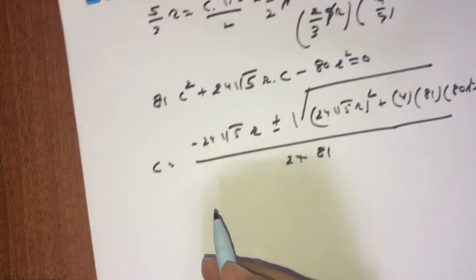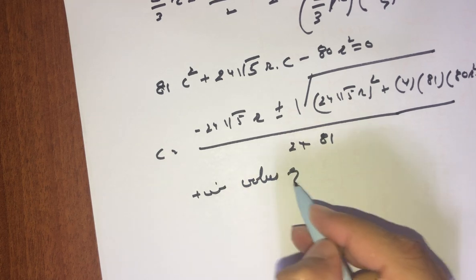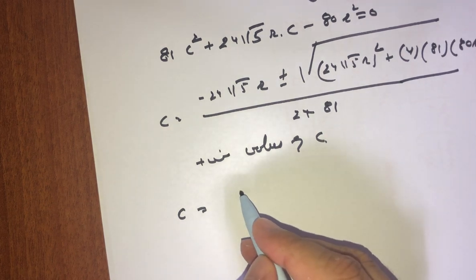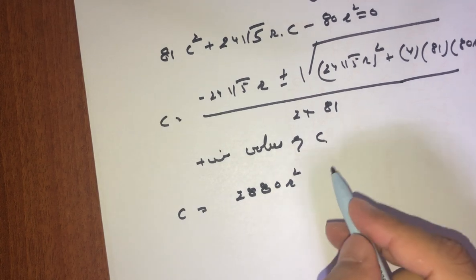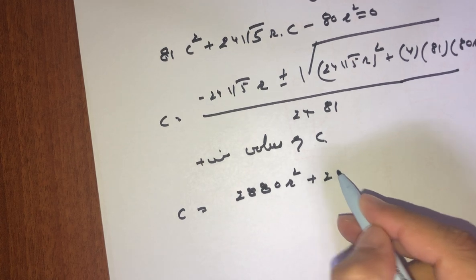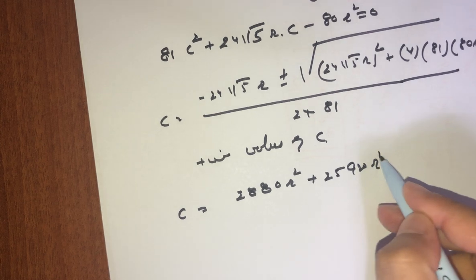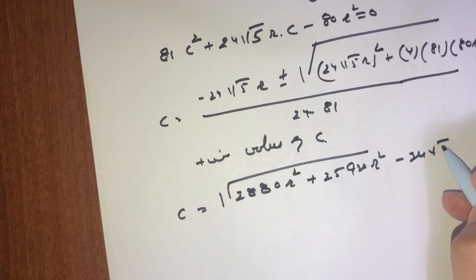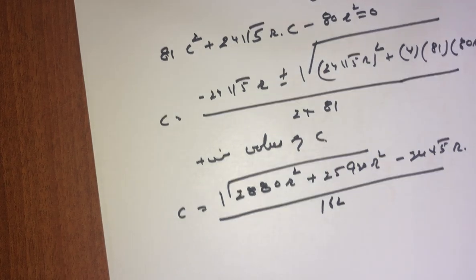Considering only the positive value of c, we get c is equal to 2880 r square plus 25920 r square, square root, minus 24 root 5 into r, divided by 162.